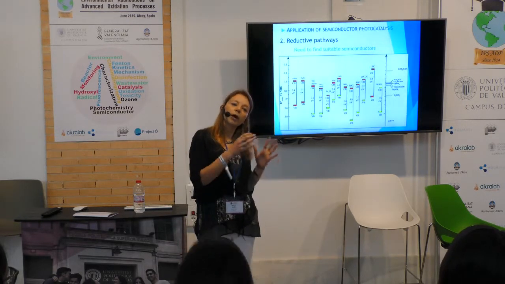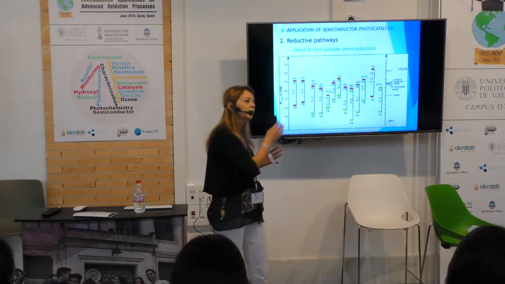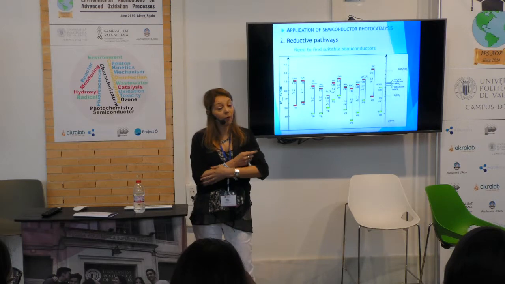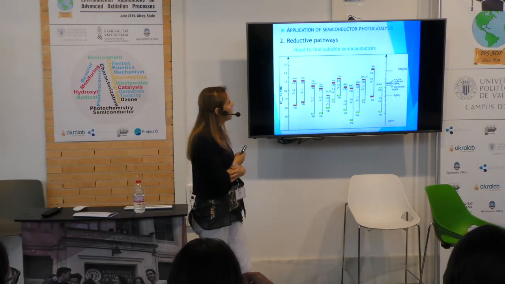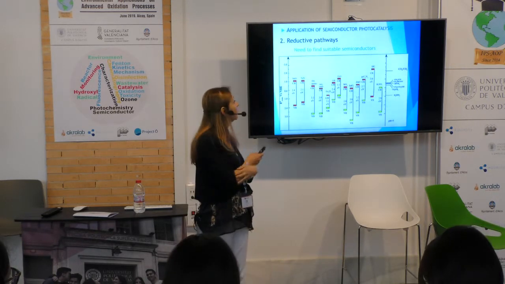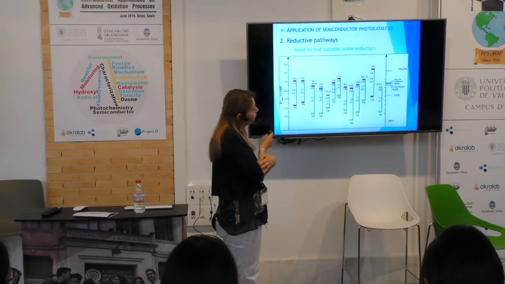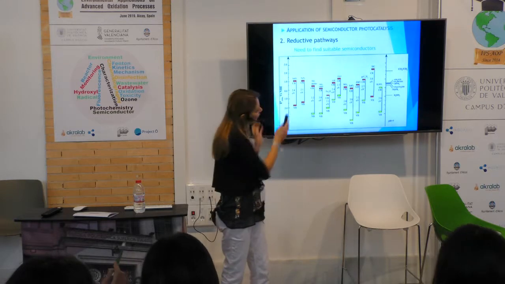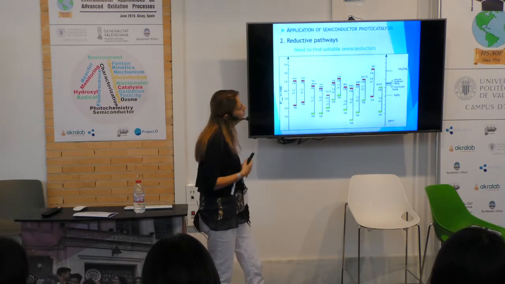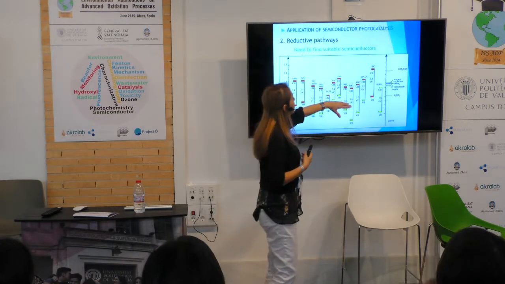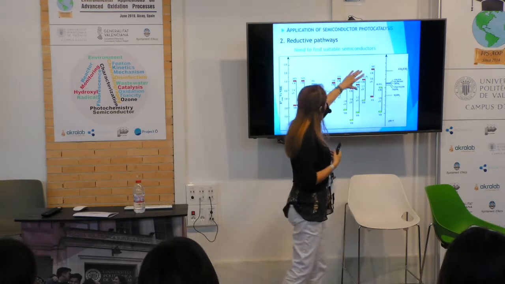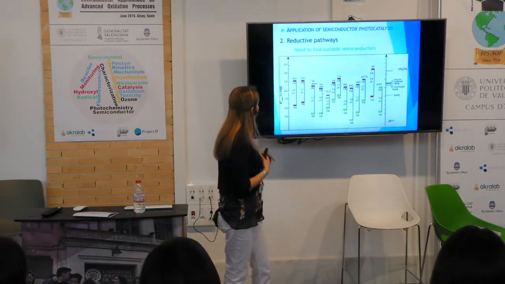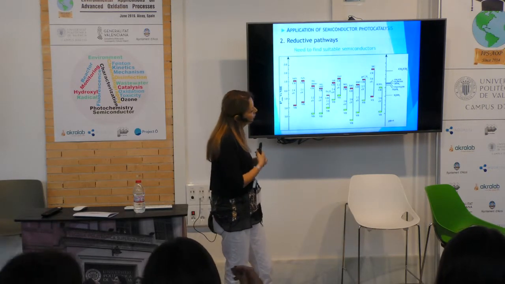If we want to exploit mainly the reductive pathways, in this case we have to be careful and find the proper, suitable semiconductor. And so if we look at all the semiconductors that have been used, we have to choose among those that present a very high position of the conduction band.